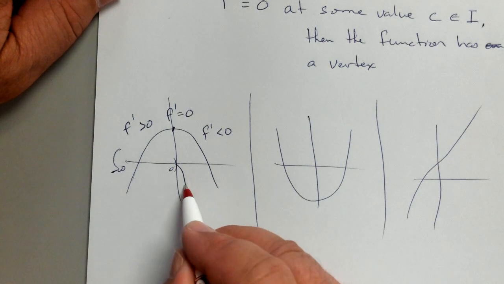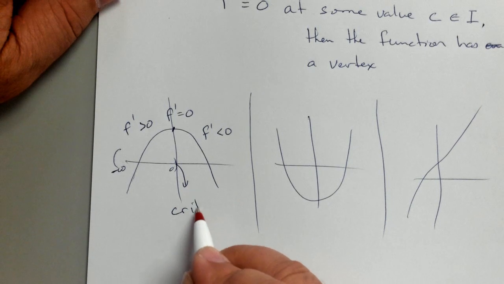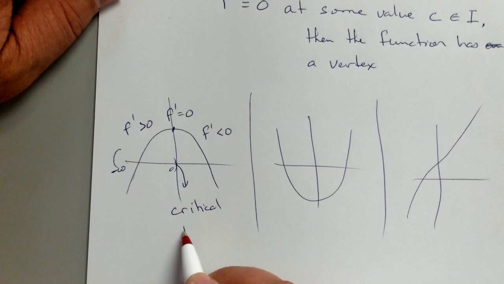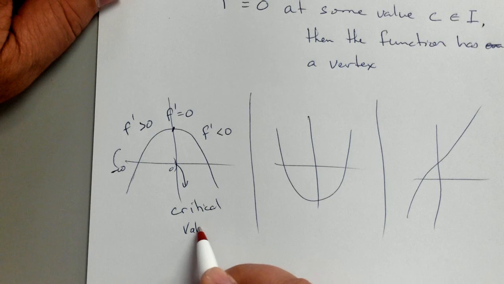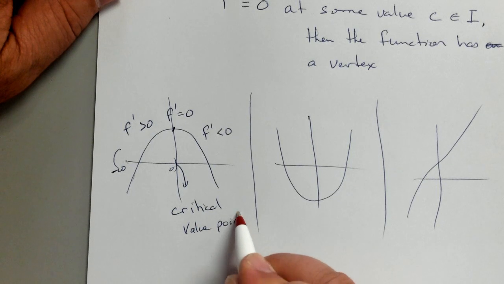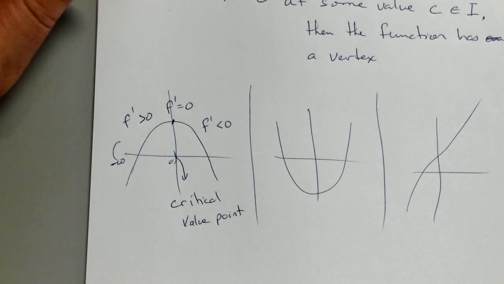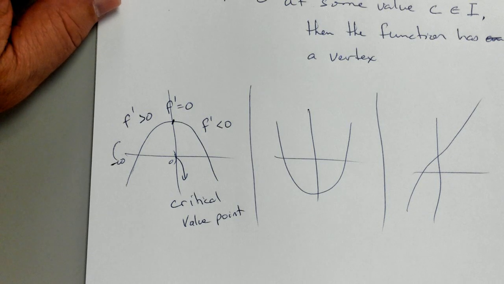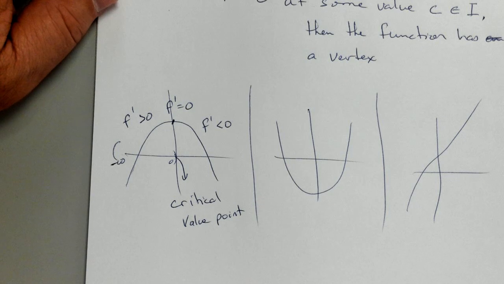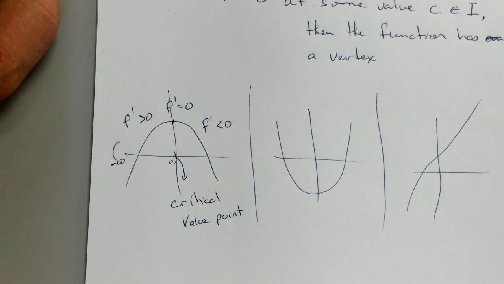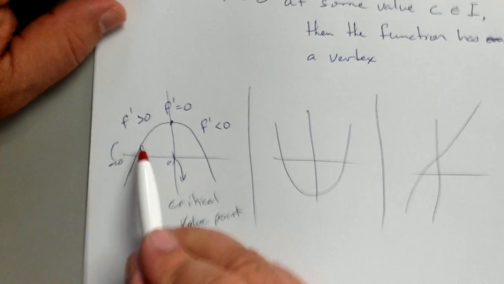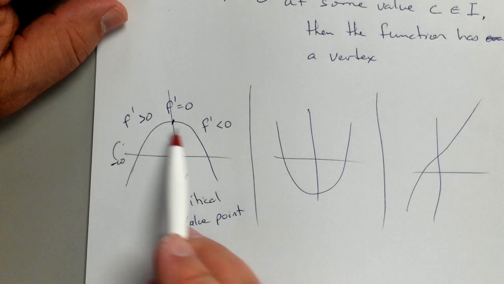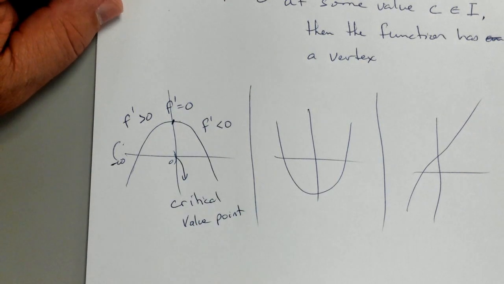We call this value the critical value point, or some just call it the critical point. What happens at the critical point? That is where the first derivative changes signs. Used to be positive, now it's negative on both sides of that one point.